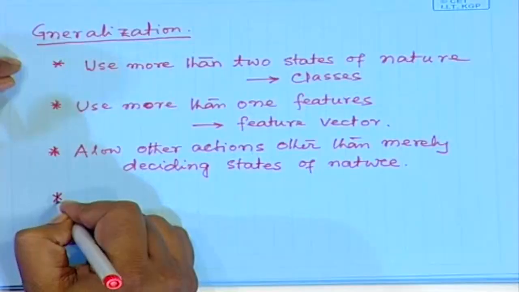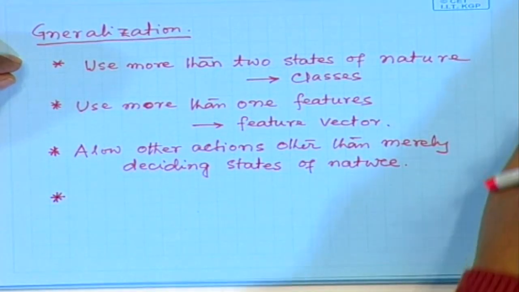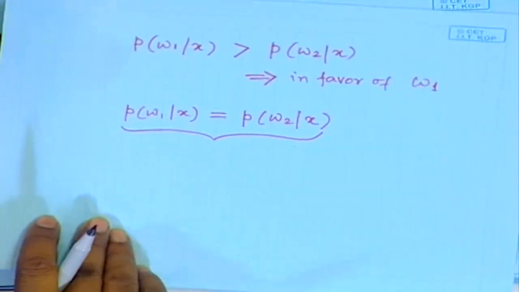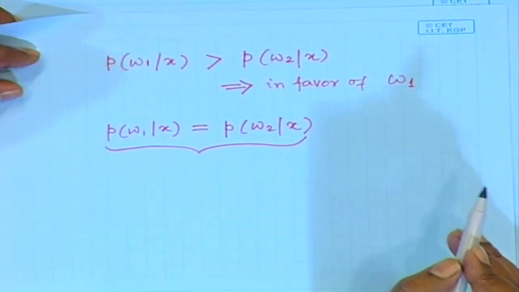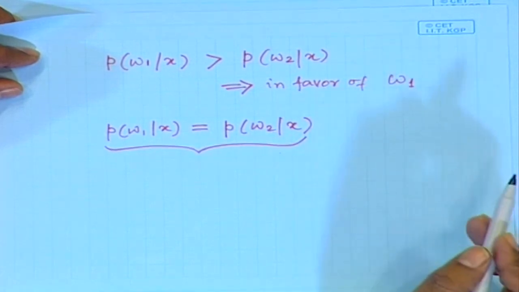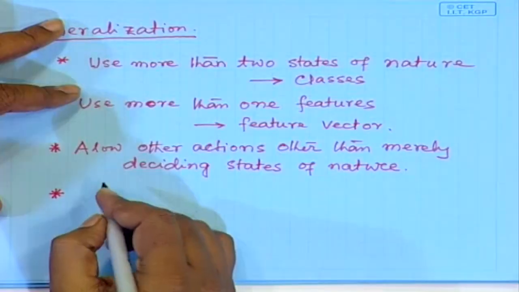The fourth generalization is this: in our case the decision was based on posteriori probability. If p of omega 1 given x is greater than p of omega 2 given x, then we decide in favor of omega 1. If it is the other way around, then we decide in favor of class omega 2. Now, we can have a more generalized criterion, which is called a loss function.